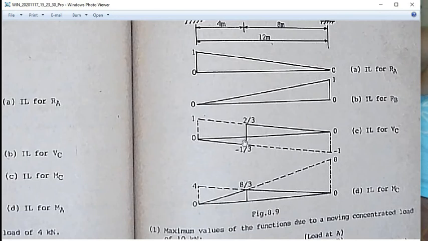And then, ang unit load naman at section C, ang moment at C, ito. Okay? So, notice na yung moment diagram niya is concentrated load. Ayan. And, paano nakuha yung 4 na triangle na yan? Okay?